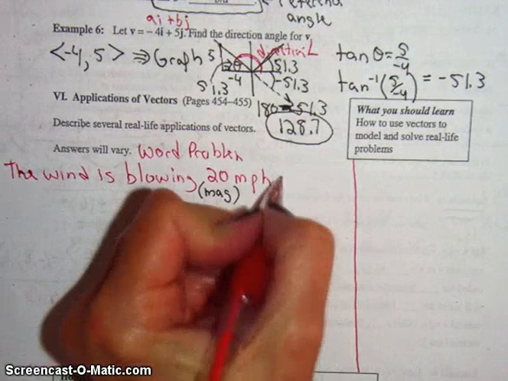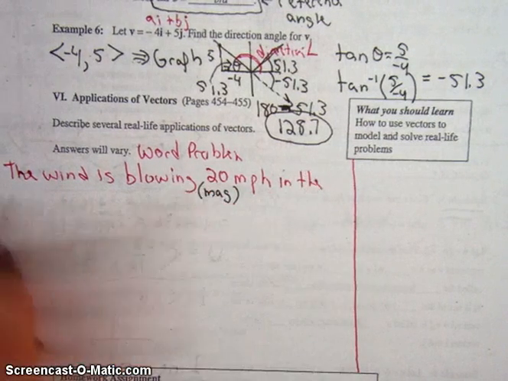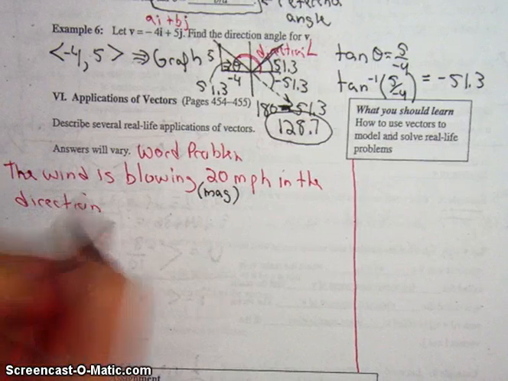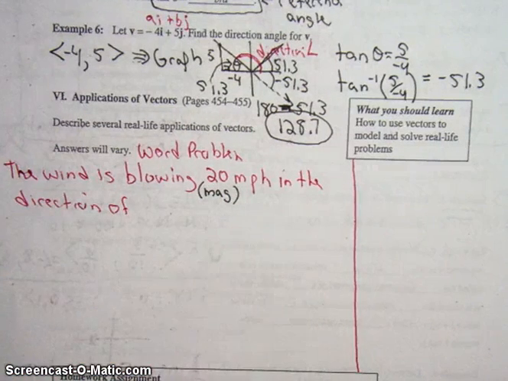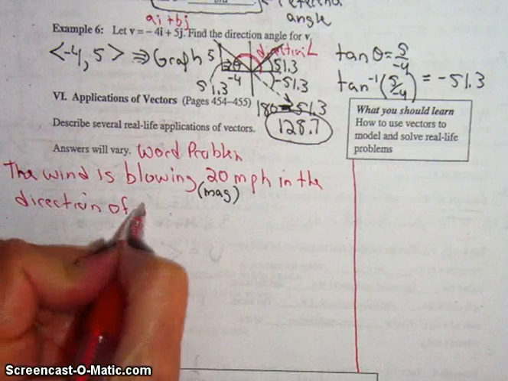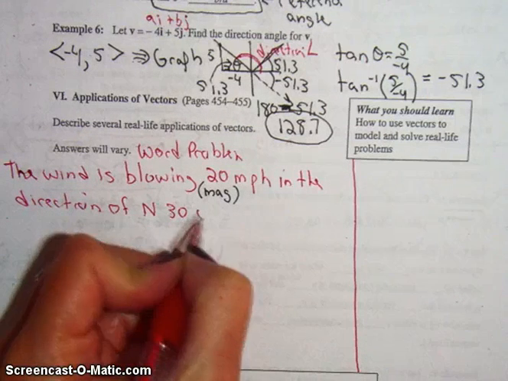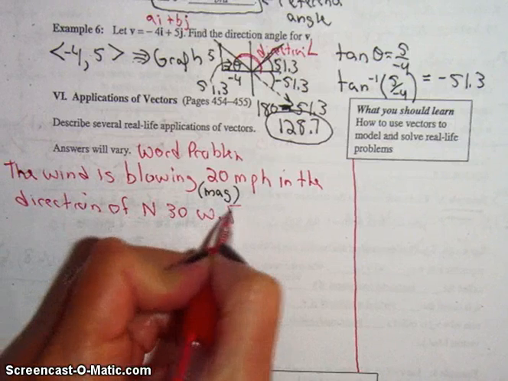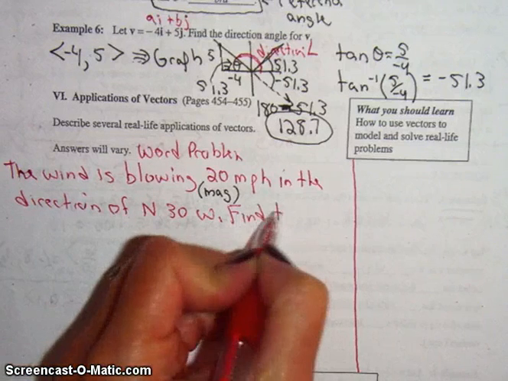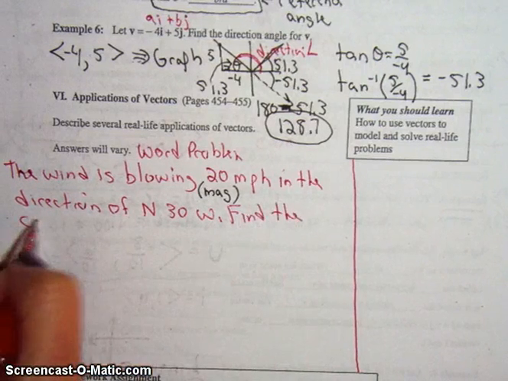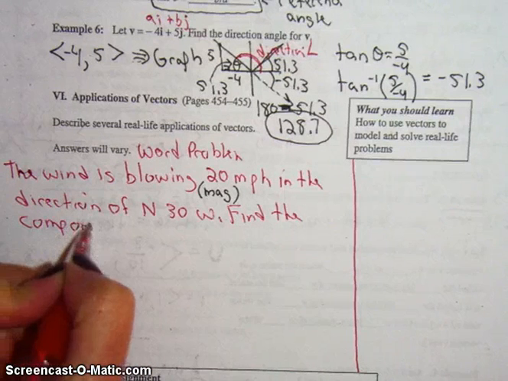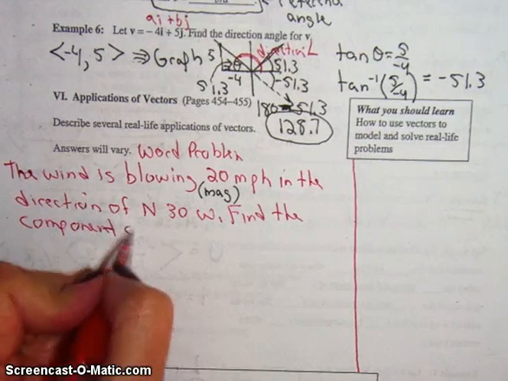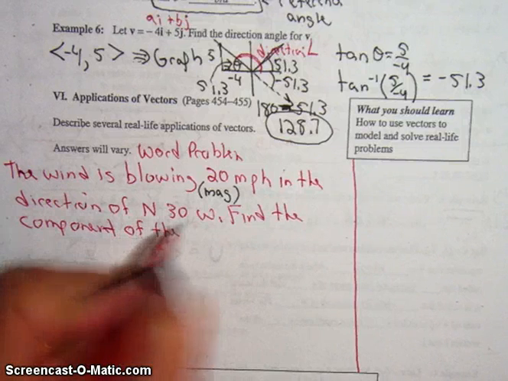In the direction of north 30 west, find the component form of the velocity vector.